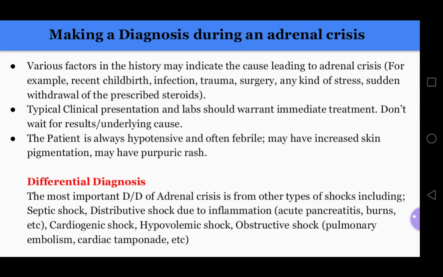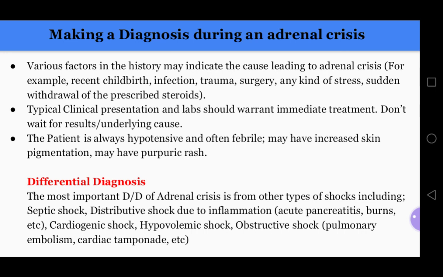How to make a diagnosis during an adrenal crisis? You have to consider various factors in the history which may indicate the cause leading to adrenal crisis. For example, a patient with all the symptoms of adrenal crisis who has had a recent childbirth, infection, trauma, surgery, or any kind of stress, or in whom sudden withdrawal of prescribed steroids has taken place.